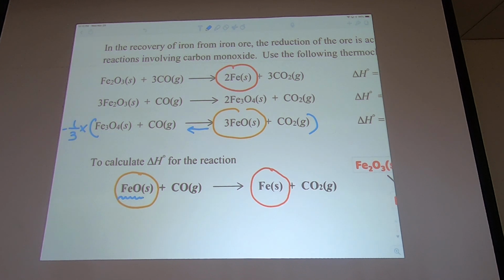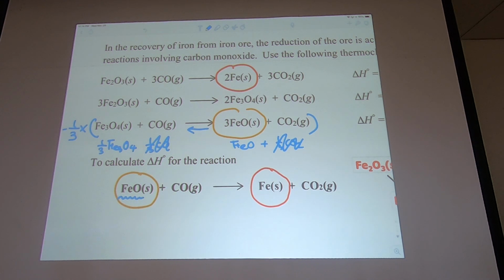Now in your mind you can write on the side, okay, this one is FeO, 1/3 CO2, and 1/3 CO, and 1/3 Fe3O4. For convenience, I'm just focusing on the oxide component, so I'm not going to write it out.